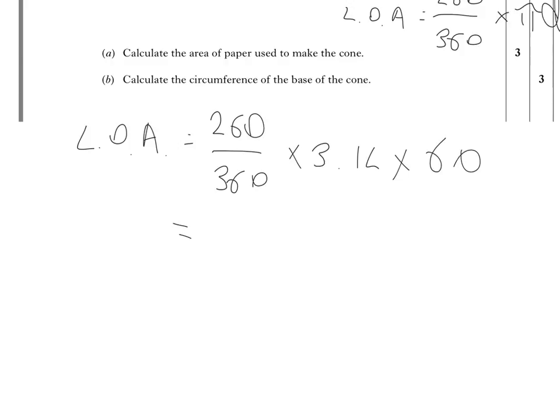Just to enter that now into the calculator. So 260 out of 360 times 3.14 times the diameter 60, and that's 136.1 centimetres to one decimal place. I'm not going to square the units because it's a length, not an area. That's the end of the question.